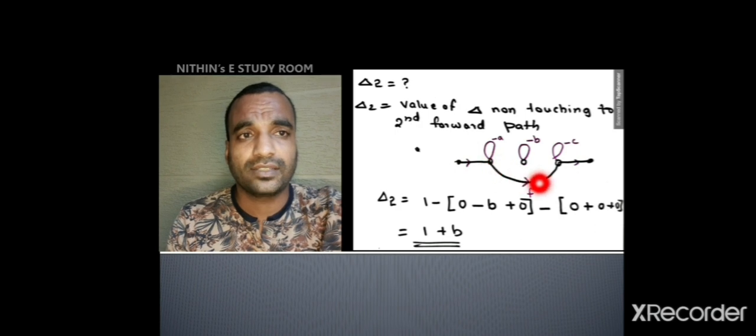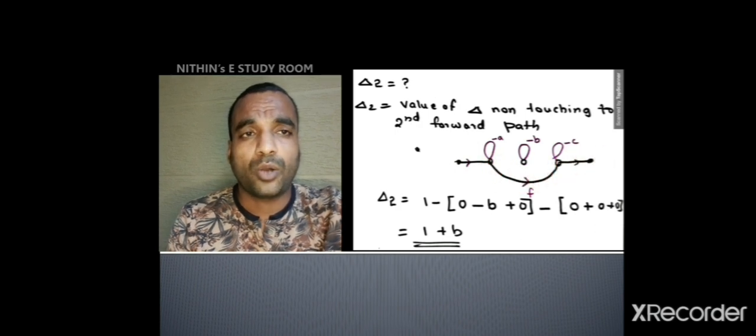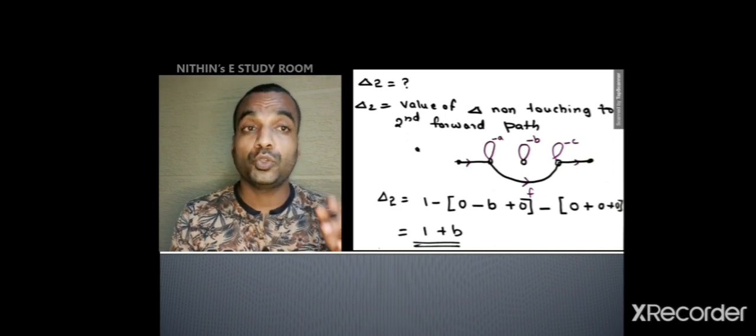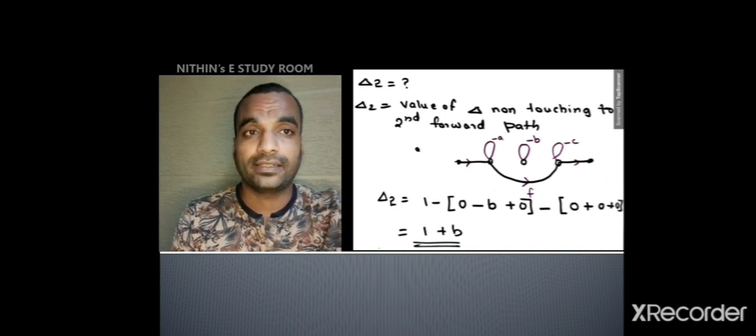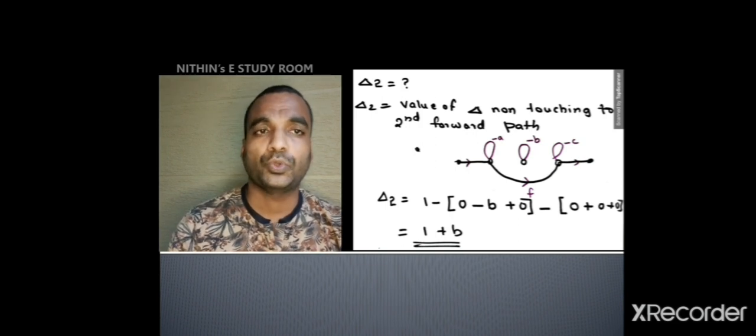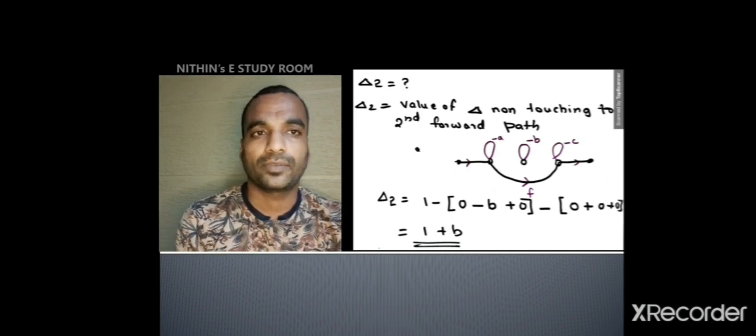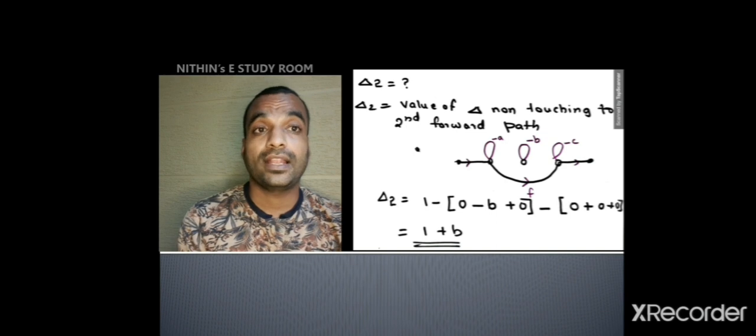This was the second forward path, and out of the three loops, two loops, that is L1 and L3, these two loops are touching on that particular forward path.